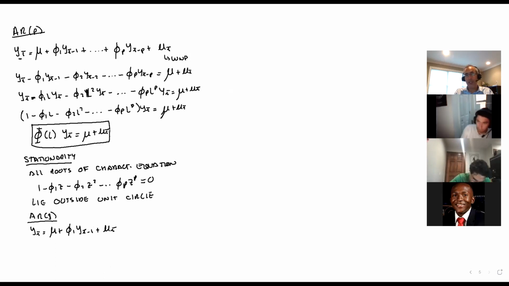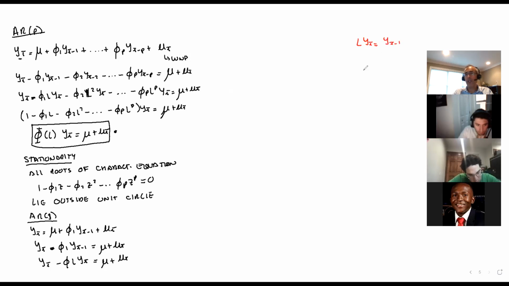Now, I will rewrite this in this form: y_t minus psi y_{t-1} equals mu plus u_t, correct? So there is a lag operator that is called L. What we need to remember, guys, is that if I do L y_t, this implies simply y_{t-1}. If I do L cubed y_t, this implies simply y_{t-3}. So L is the time operator.